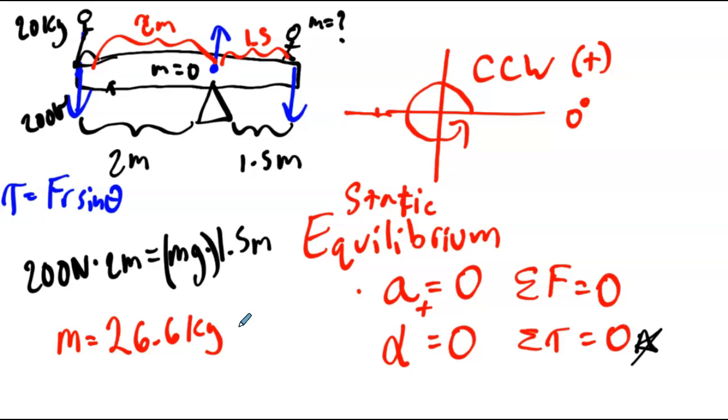But 400 divided by 1.5 divided by 10 gives us 26.